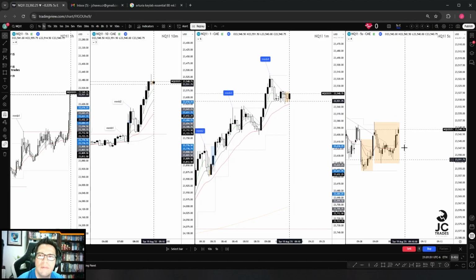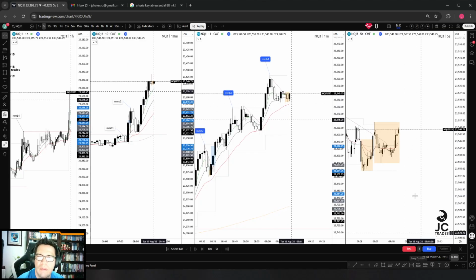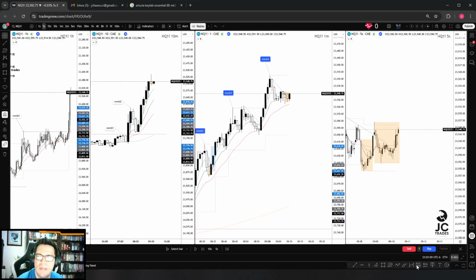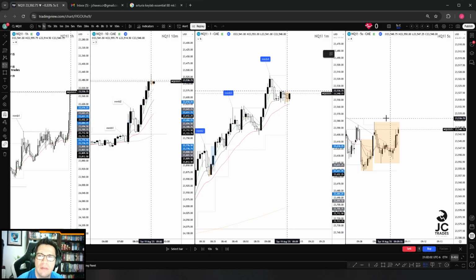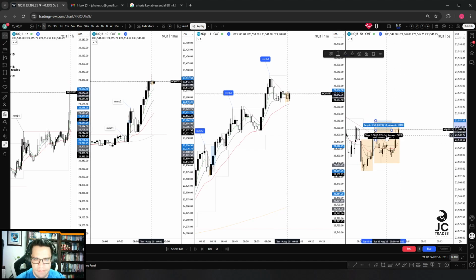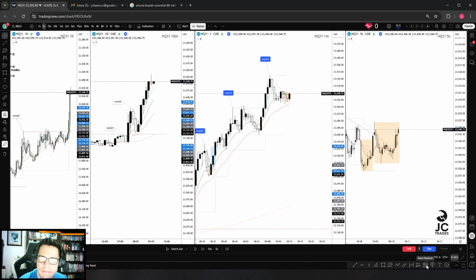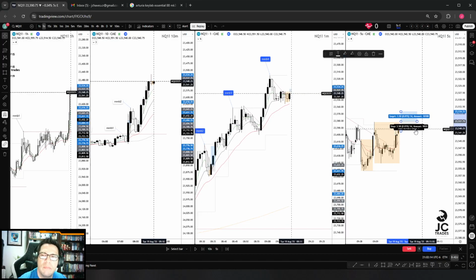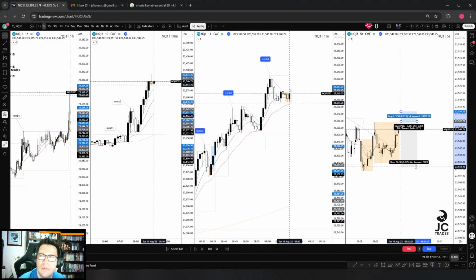So maybe a sell stop above this high here. Let's see how that would have looked like. So at that point, our stop would need to be there.